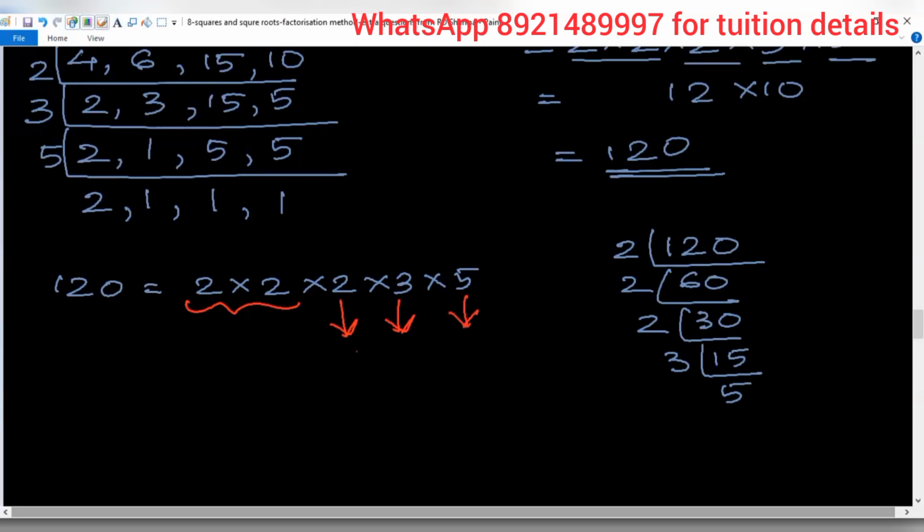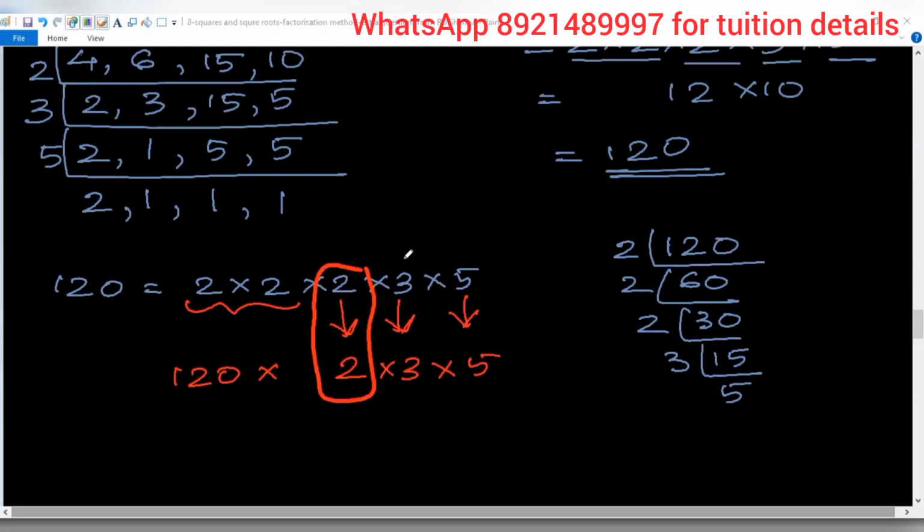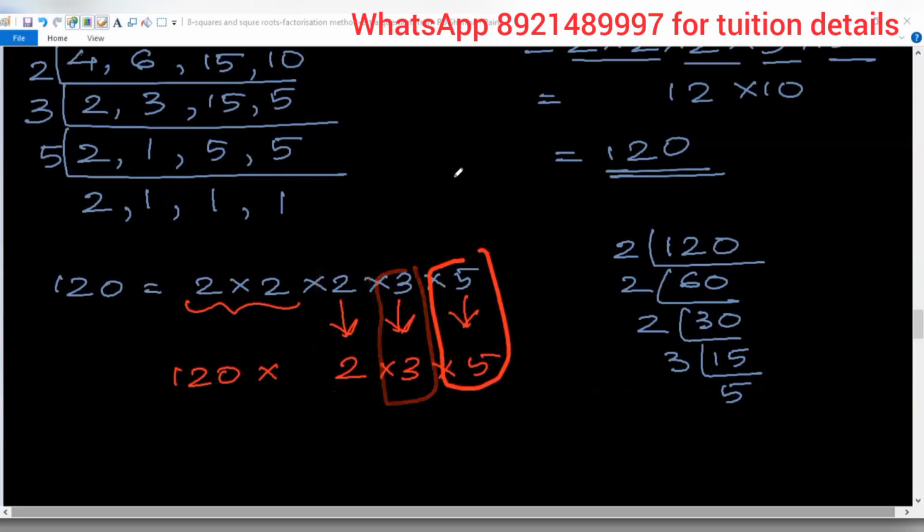So we have to provide a pair, right? That means we have to multiply 120 by 2, then by 3, then by 5. Understood? We have to provide a pair to each and every digit. Here 2 is not having a pair, 3 does not have a pair, and 5 also doesn't have a pair.